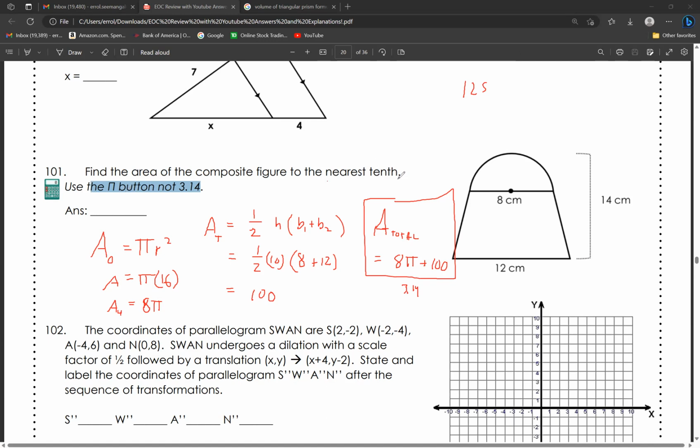My bad, it says round to the nearest 10. Just multiply it out. So then you would just have 8 times pi, 8 times 3.14 plus 100? Or use the whole thing, right? It says right here, use the pi button, not 3.14. So it'd be 125.1. There you go, there's your 125 point whatever.